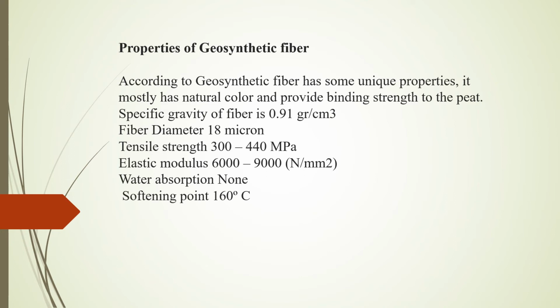And now I'm going to talk a little bit about geosynthetic fiber. I think I have given all the information on this slide, so I'm not going to talk much about it, but I'll show one picture in my next slide of how it looks. This is a bit of information about it, like the fiber diameter is 18 micron, which I'm planning to study.